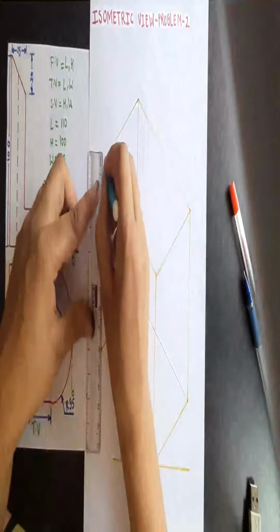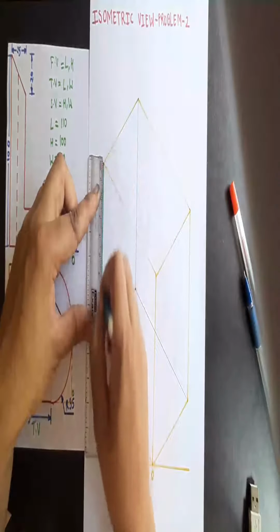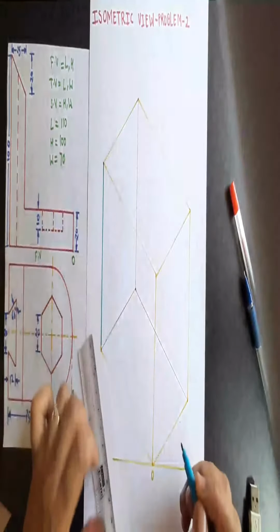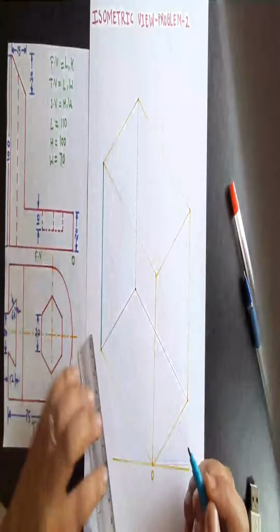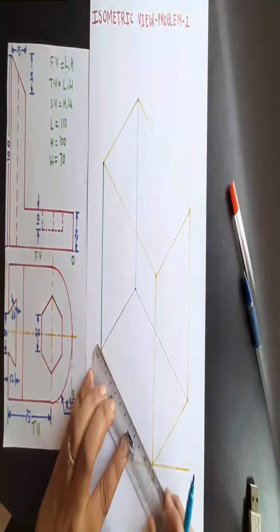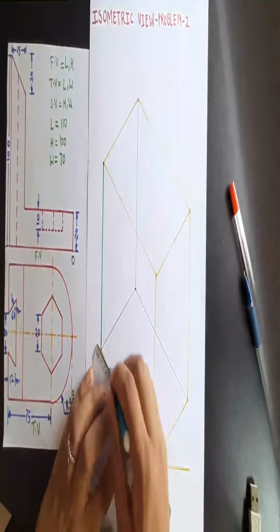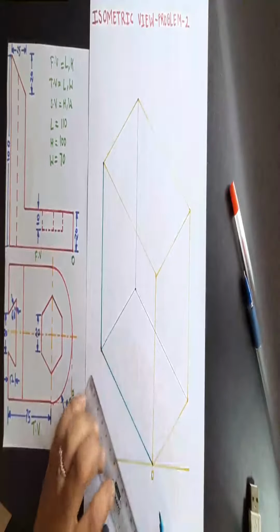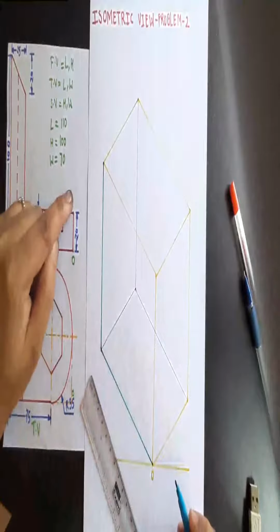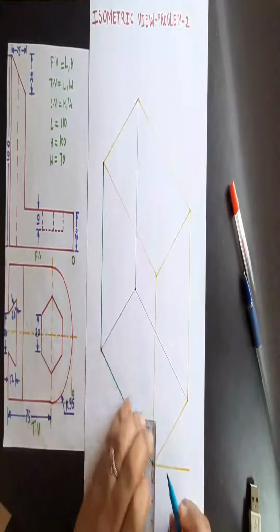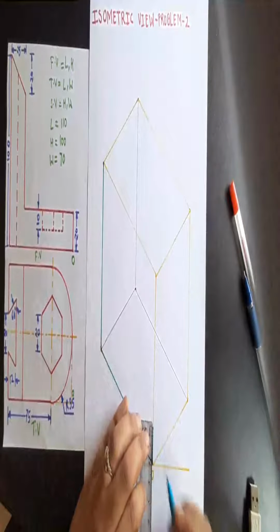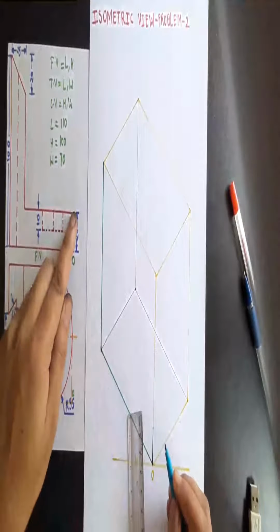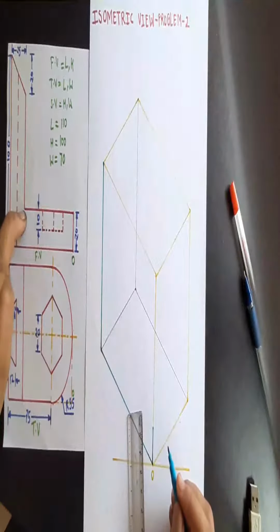So here will be the 100 mm. The next one is from here, it is going to the origin point. From origin there is a height again of 20 mm. So draw the height of 20 mm, and from the height it is going back up to this point.